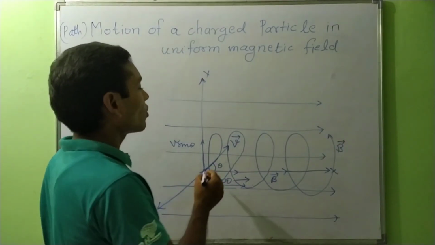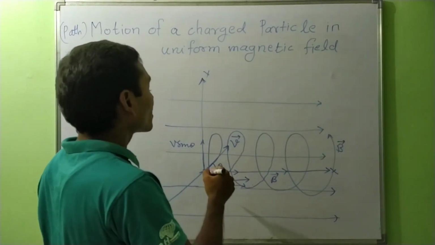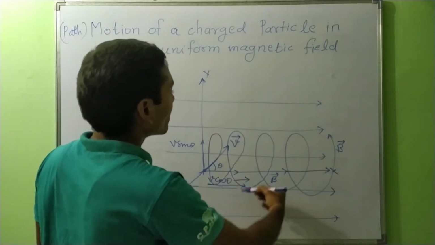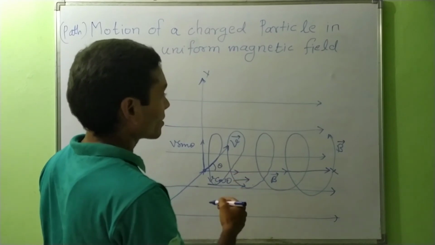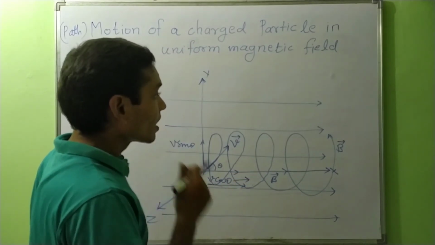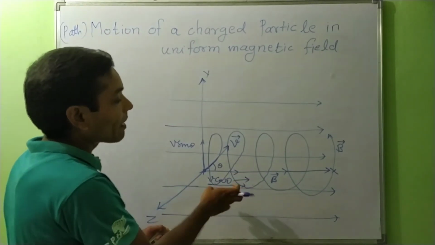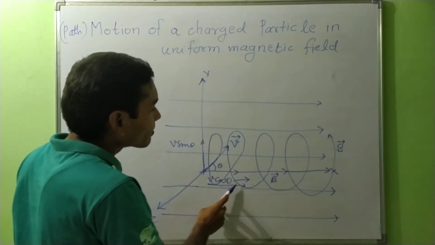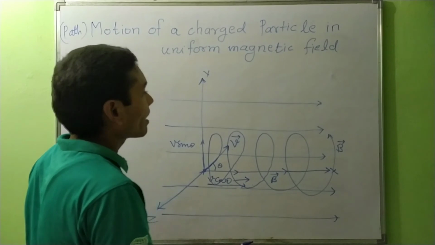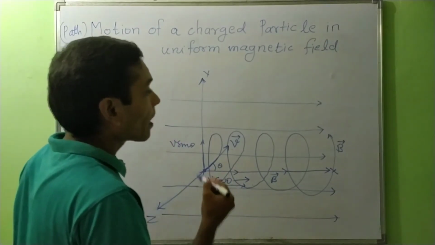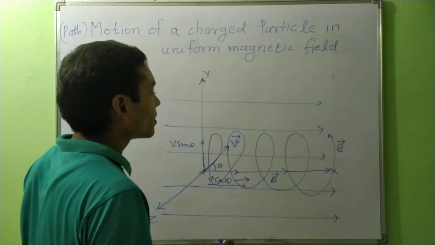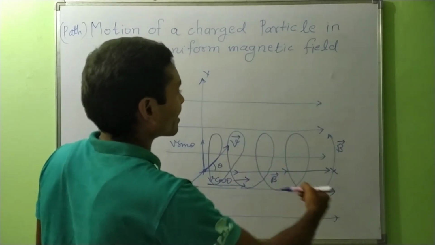The vertical component of the velocity makes the charged particle move along the circular path like that. But the circular path will be affected by the horizontal component of the velocity. That's why the motion or the path of the charged particle in the uniform magnetic field will be spiral shape like that.